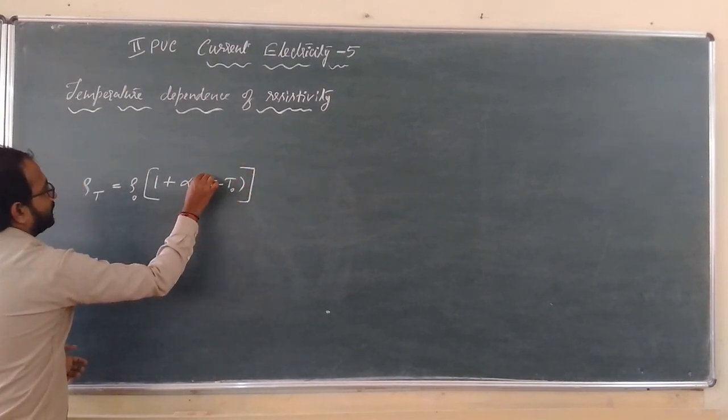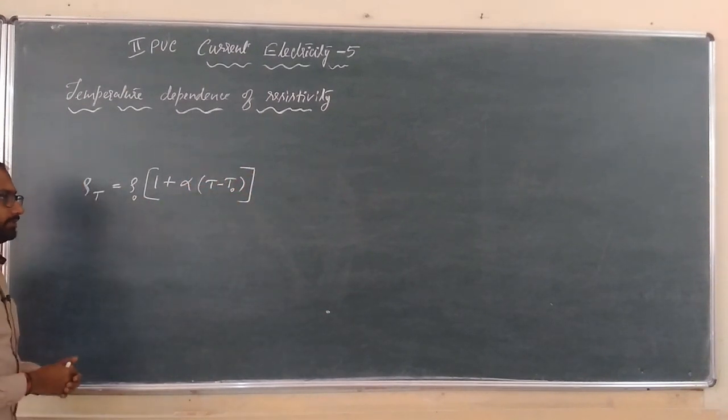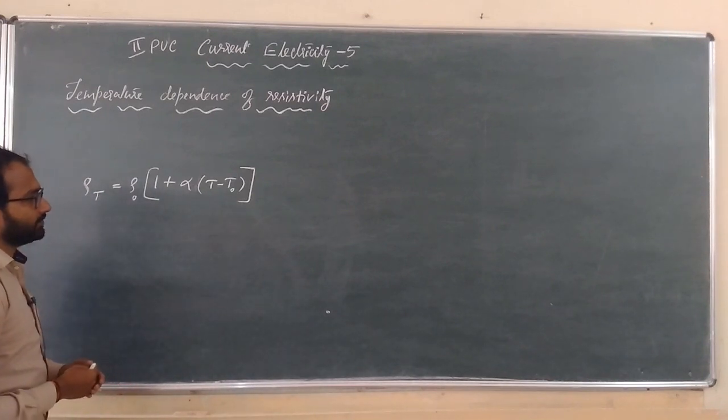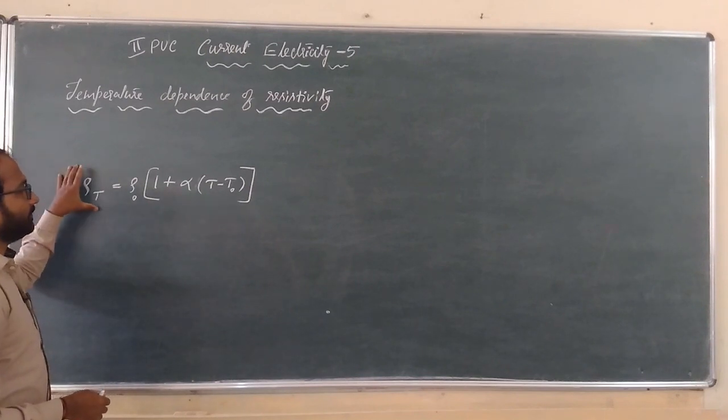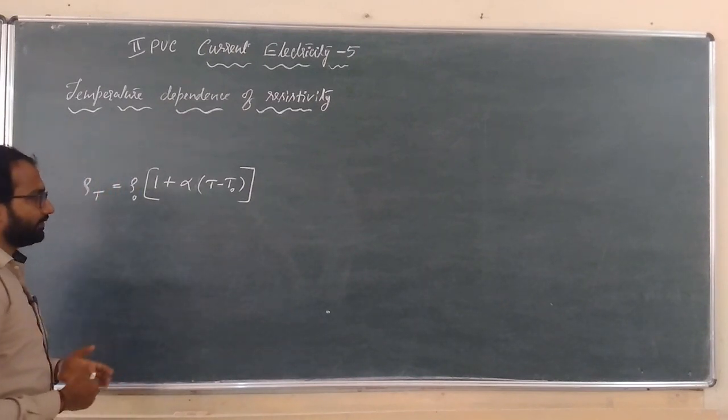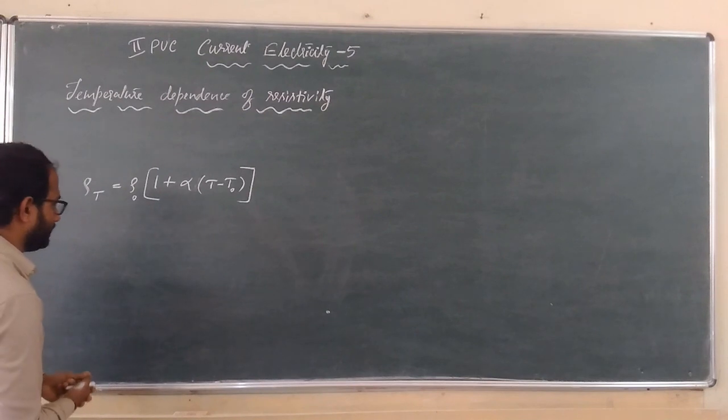So the temperature range is not too large. It is a limited range of temperature. The resistivity of the metallic conductor is given by this expression. Its resistivity is directly proportional to temperature.